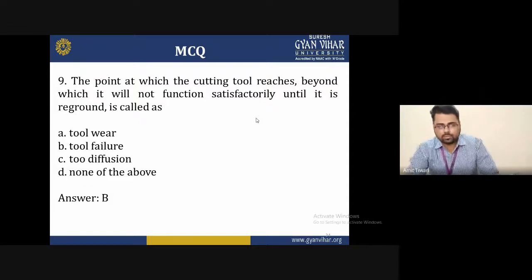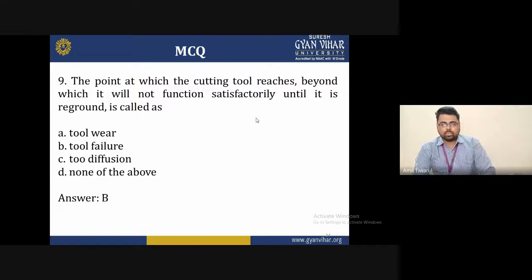Ninth question: the point at which the cutting tool reaches beyond which it will not function satisfactorily until it is reground is called what? The options are A, tool wear, B, tool failure, C, tool diffusion, D, none of the above.